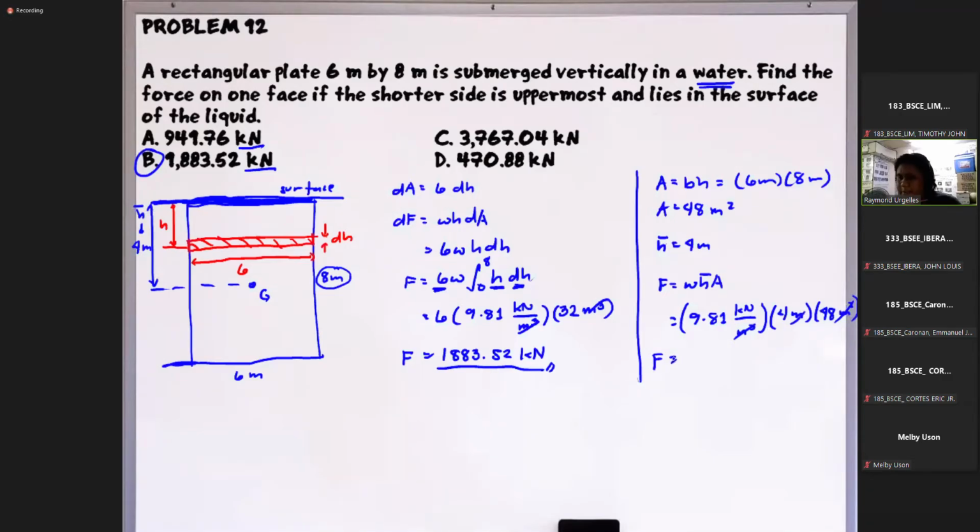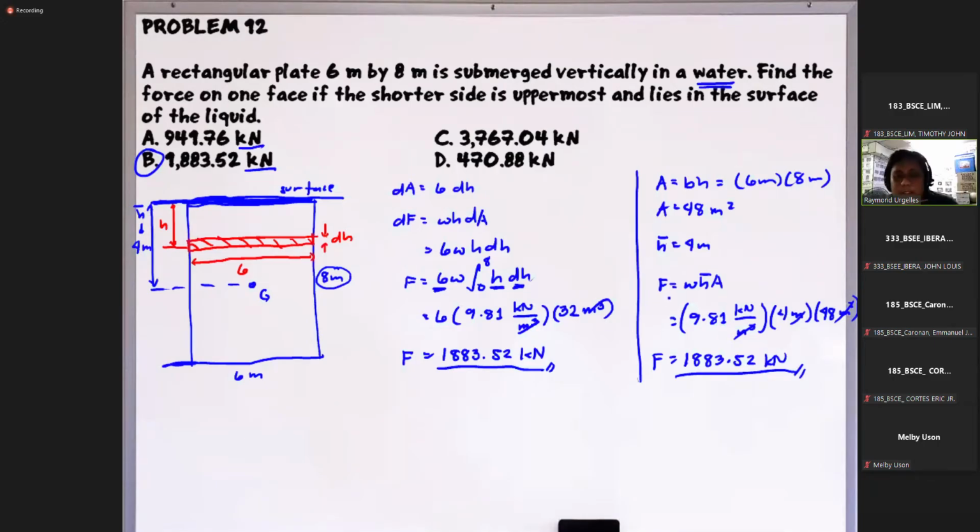So therefore we can have the force. Okay, so 9.81 times 4 times 48, di ba? So we get 1,883.52 kilonewton. So pareho lang yung lalabas, di ba? Without integration man siya or with integration. Okay, so any questions para dito?